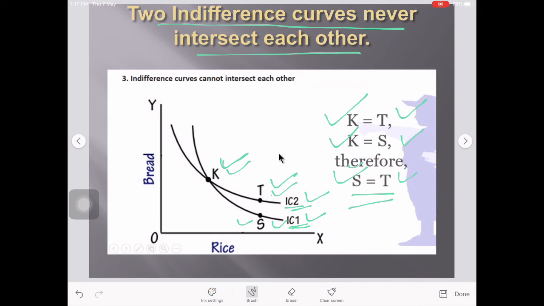So from this we can prove that two indifference curves can never intersect each other.